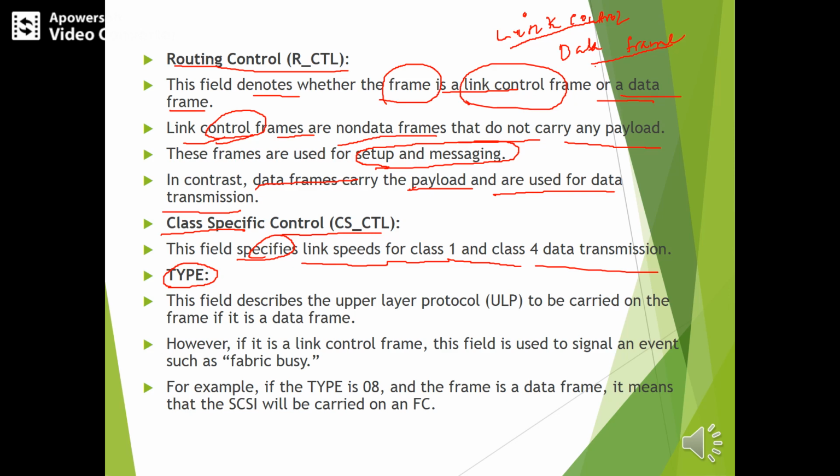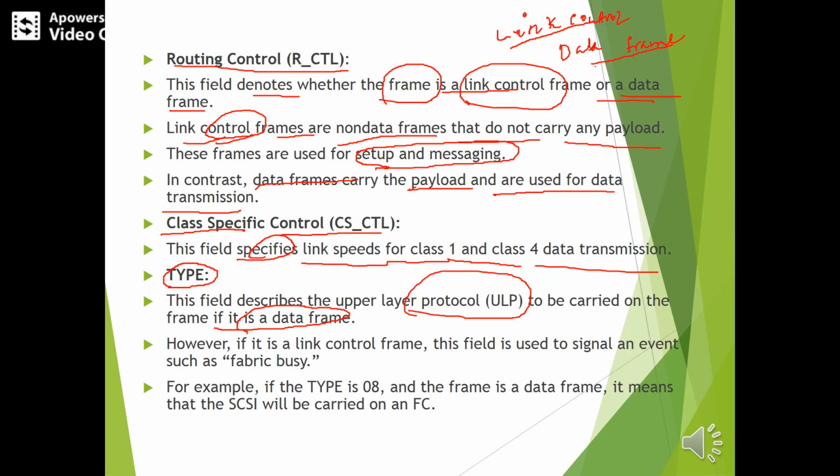This field describes the upper layer protocol to be carried on the frame if the frame is a data frame. So the type field, if the frame is a data frame, specifies the upper layer protocol, that is ULP, to be carried on the frame.